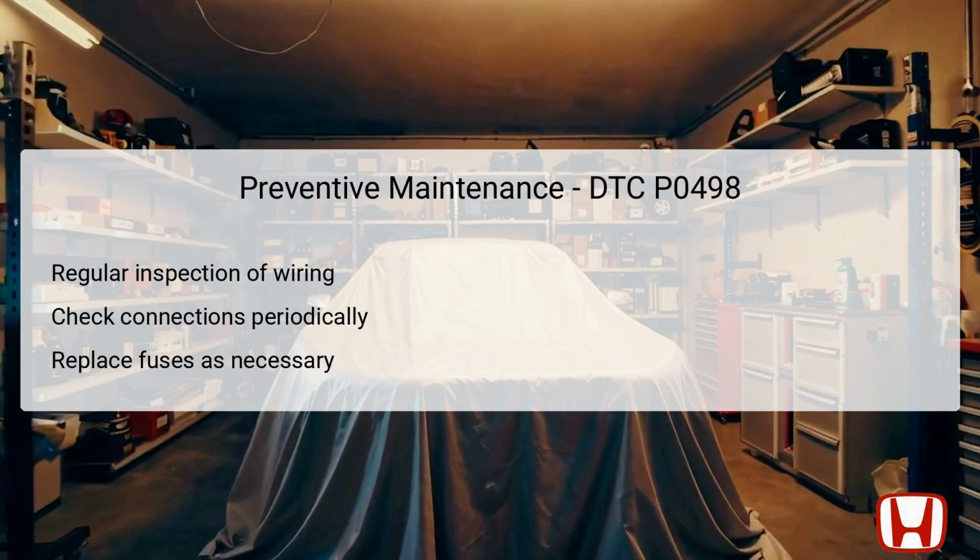Maintaining these components not only promotes better vehicle performance, but also enhances the longevity of the EVAP system. Keeping the vehicle's emission systems well maintained is vital for environmental compliance and overall vehicle efficiency. Being proactive with these maintenance tasks can save time, money, and ensure a smoother driving experience.